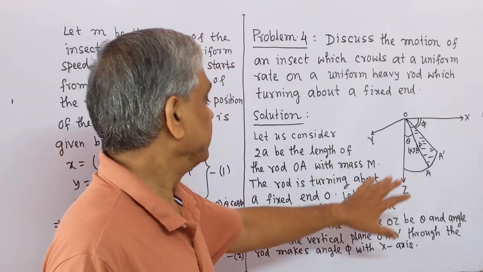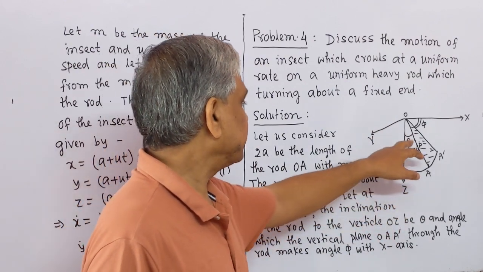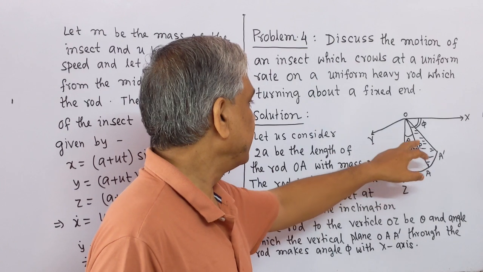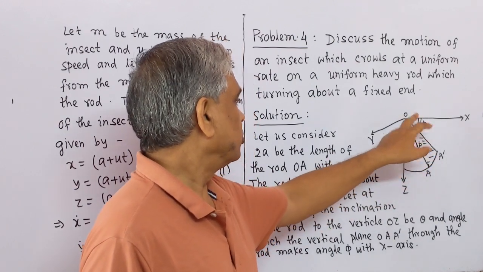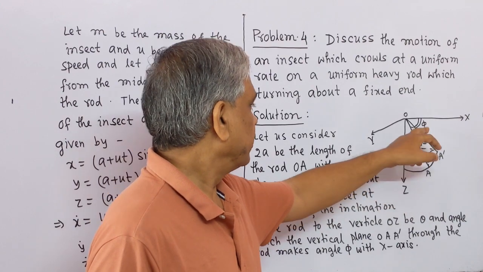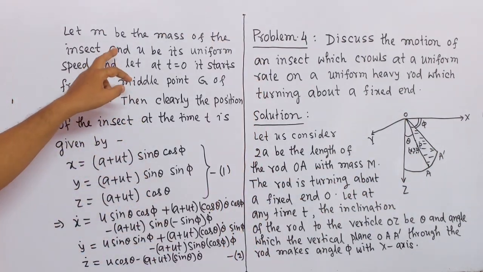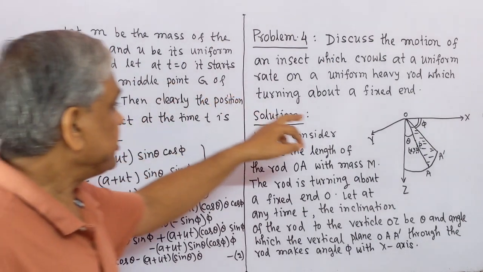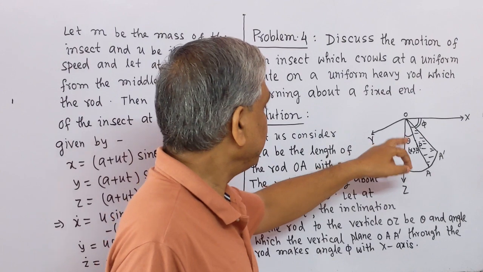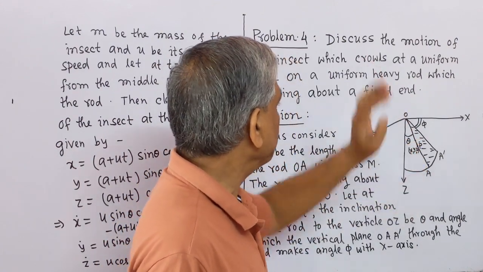Similar to this, here we get theta with the z axis and the vertical plane through the rod with the x axis be phi. Let m be the mass of the insect. The insect is traveling on the rod with uniform speed u.